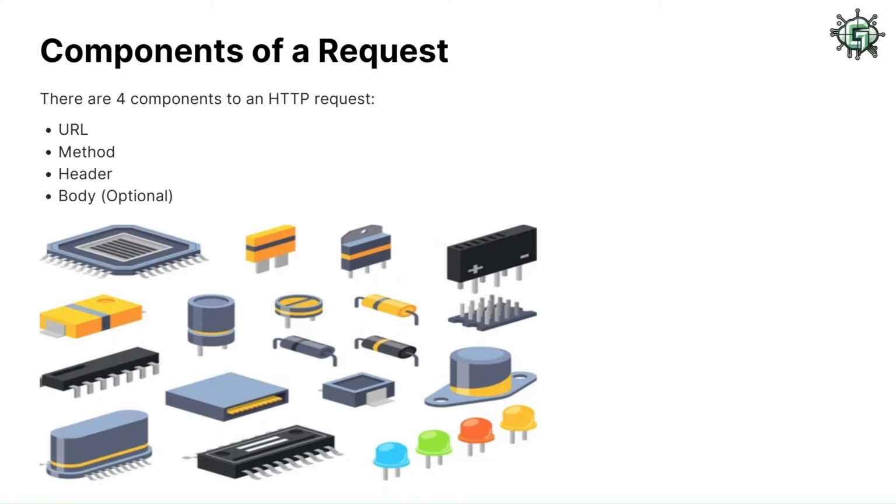The body is optional, any data you want to send through the API. For updates, you need to send a body describing what type of update you want to do. Think of it like giving a detailed order to the waiter to communicate with the kitchen.